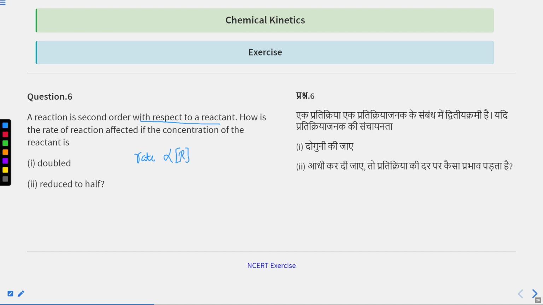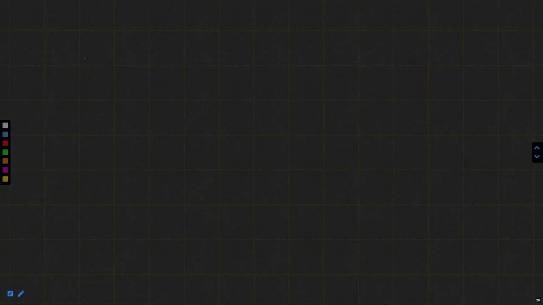Suppose I am taking the reactant as R, so this will be squared. Suppose initially we take the concentration as R. So rate will be directly proportional to concentration of R raised to the power 2.